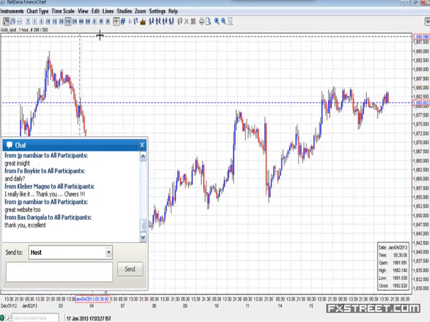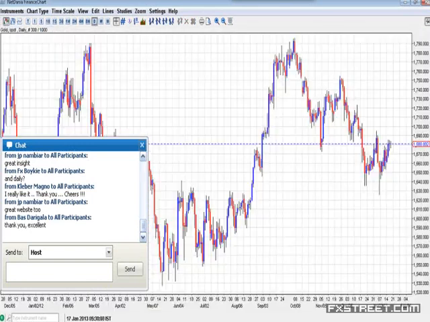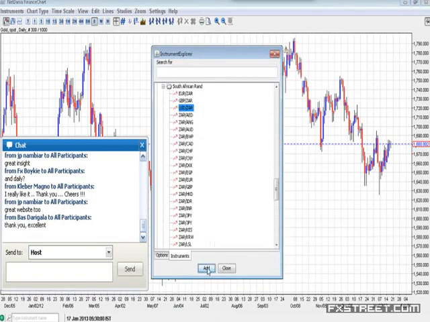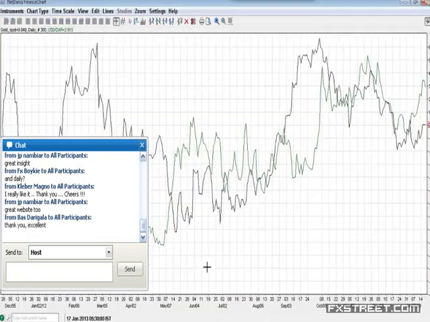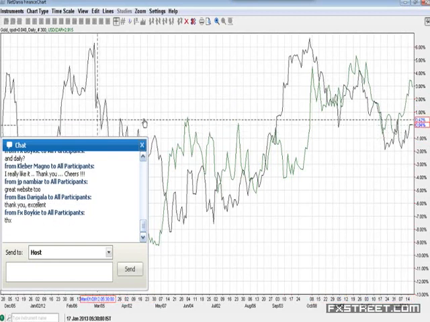Let's go on this on a daily and do the correlations with USD ZAR. There you go, pretty strong, very, very strong. Actually, the correlation seems to be breaking over here.